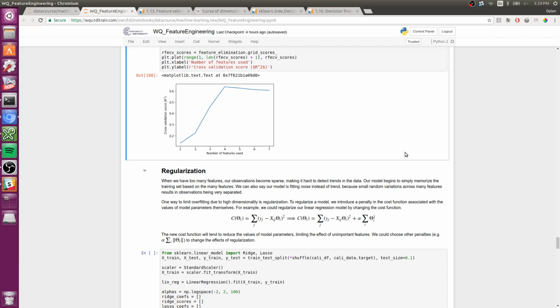And I believe Zach lectured on this in a previous lecture. But we're not limited to using the errors in our predictions as part of our metric or cost function.